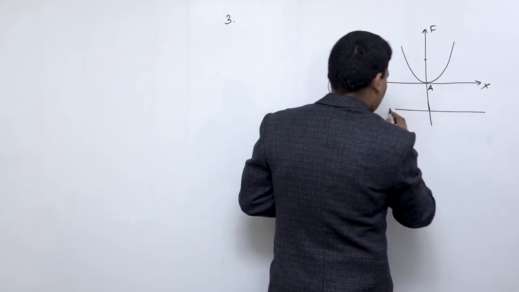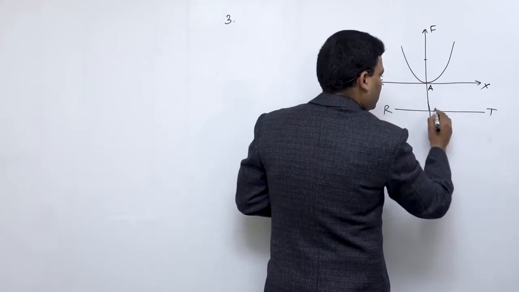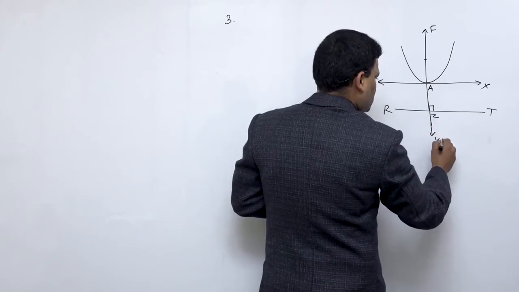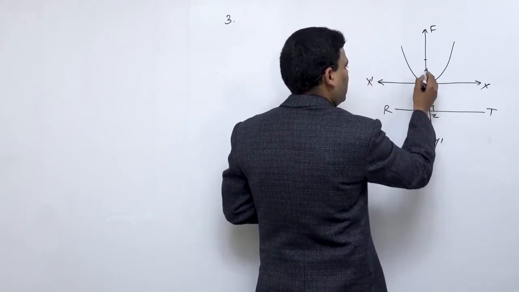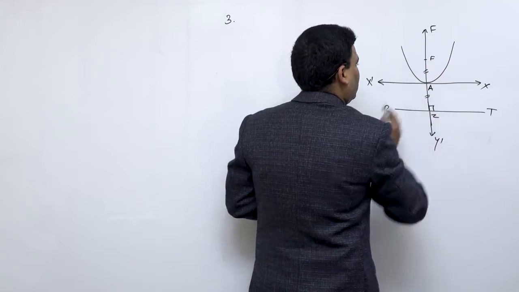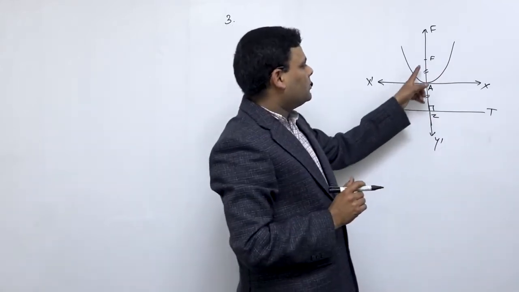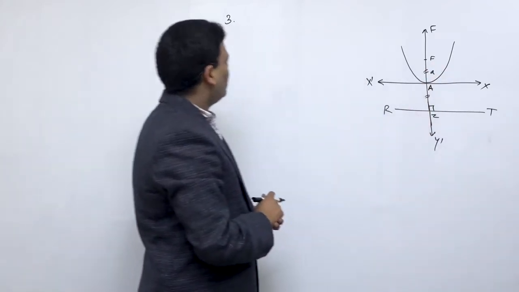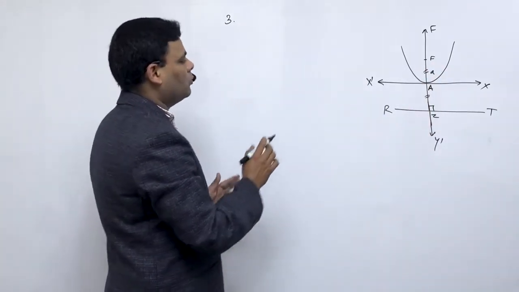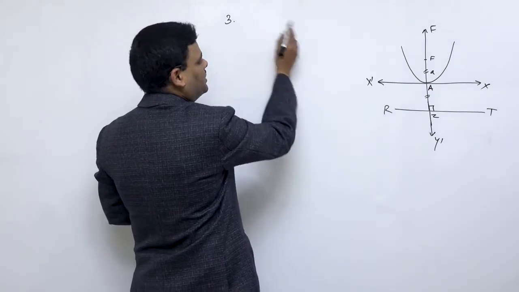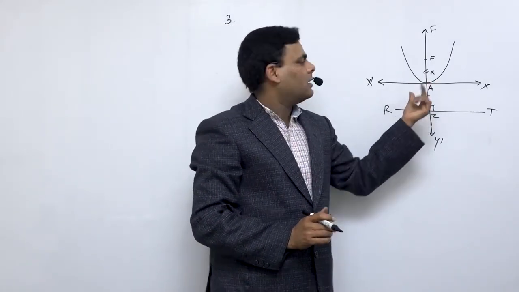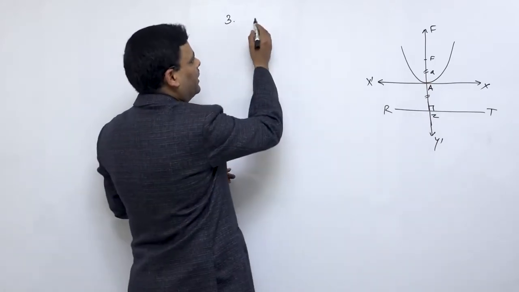Let RT be the directrix, and it meets the y axis at the point Z. Suppose this is y dash and this is the point F, and ZA equals AF equals a. Now, in this case, if the parabola turns upward from its vertex, then its equation will be y square.